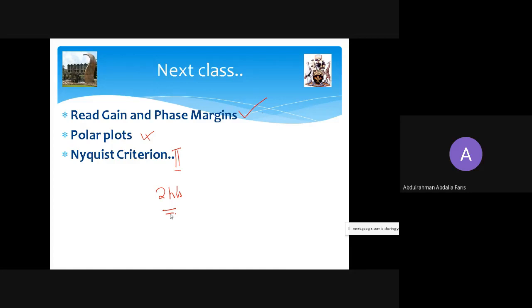Polar plots are very easy. We do one problem on how to plot them, and then we'll move on. So tomorrow we'll tackle this and that. If we have time, I'll introduce this or finish this, and then we are done with 4 and 1.